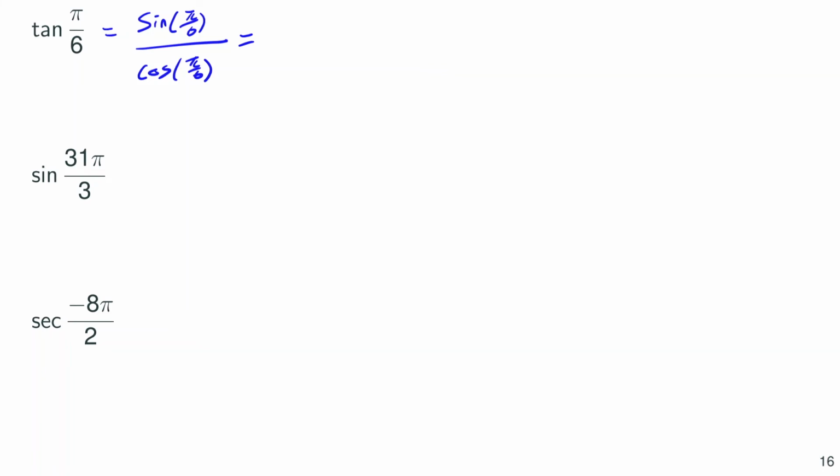From the unit circle, sine of pi over 6 is 1 over 2, and cosine of pi over 6 is square root 3 over 2. Dividing by a fraction is the same thing as multiplying by its reciprocal. So I'm going to multiply 2 over square root 3, which is 1 over square root 3. We can rationalize this by multiplying by square root 3 over square root 3, which is square root 3 over 3.